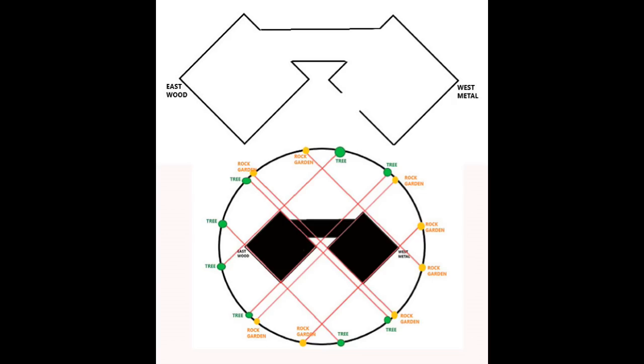At the places on the land corresponding to the points where the extended lines from the western square meet the circumference of the circle, I recommended that they install small rock gardens with red and purple flowers to stimulate earth and fire. And at the places where the extended lines from the eastern square meet the circumference of the circle, that they plant trees of one species, such as ash or alder, to stimulate wood energy.